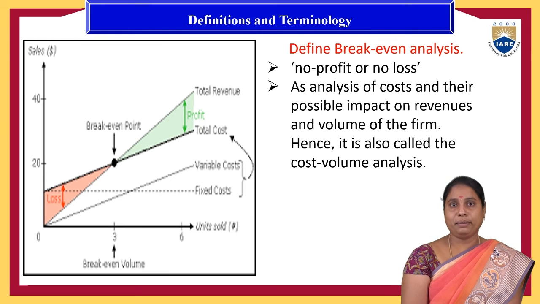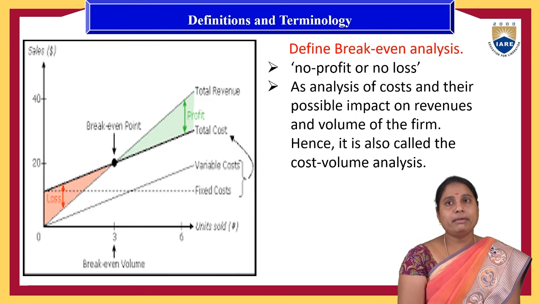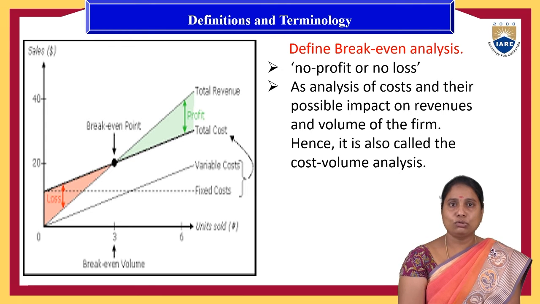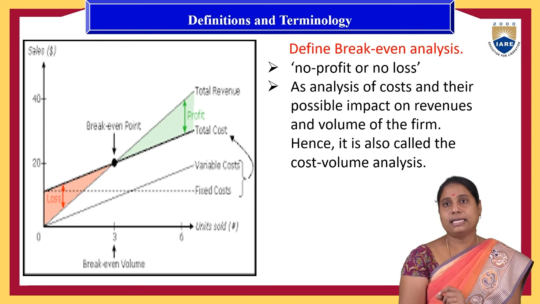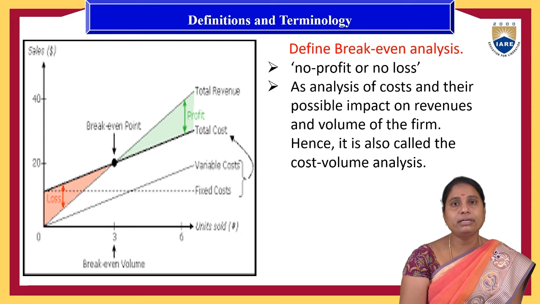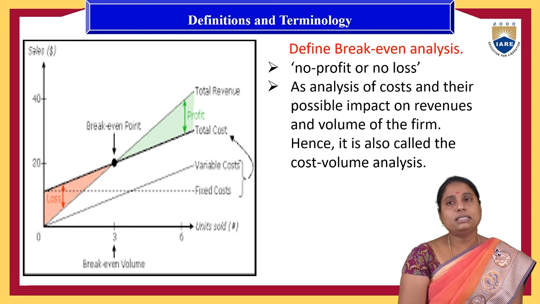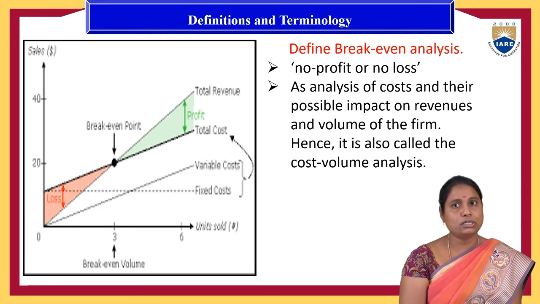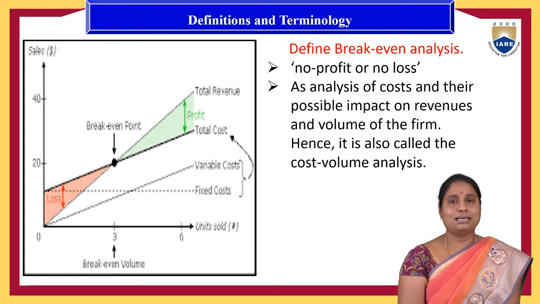Next, a very important concept is break-even analysis. It is the point where there is no loss, no profit, and that analysis is called break-even analysis. It is the analysis of costs and their possible impact on revenue and volume of the firm, hence it is also called cost-volume analysis.